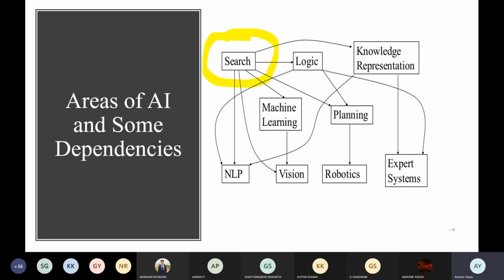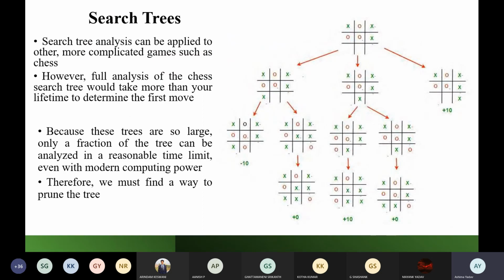So let's say if I talk about the first area, that is the searching. In searching, the best example could be the game playing. If you look at this tic-tac-toe game here, I think if you have studied the AI subject, you might have studied this example. In the game playing part especially, you use these searching algorithms a lot.